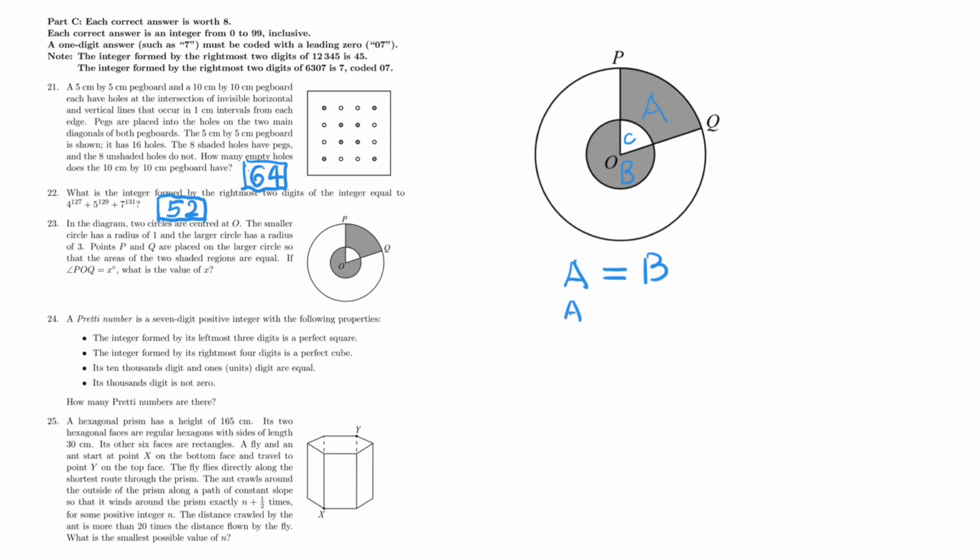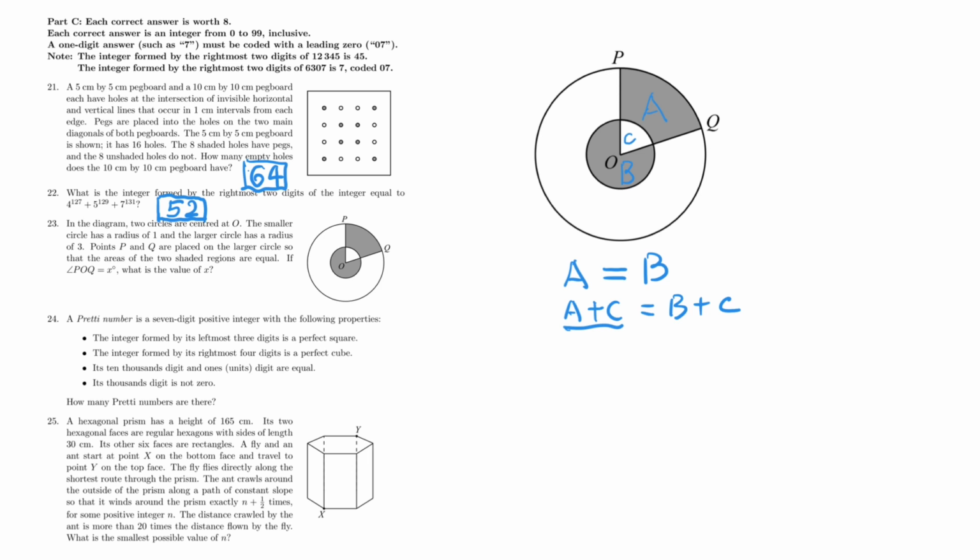So A plus C equals B plus C. So A plus C is the sector POQ area.